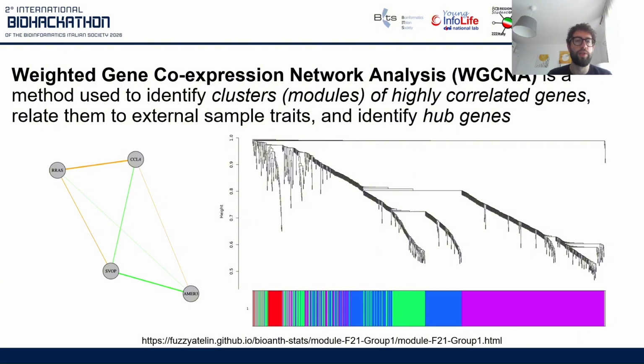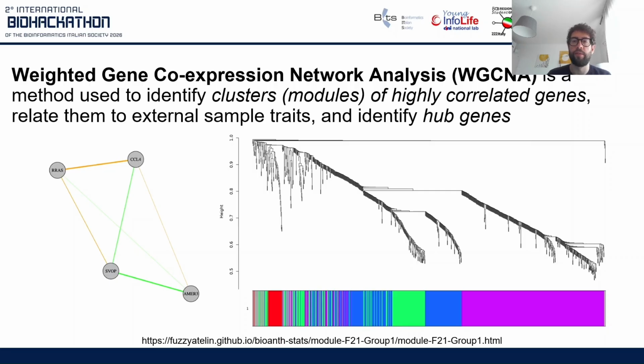So the method of choice for this kind of analysis that takes correlation as the basis is WGCNA, which is weighted gene co-expression network analysis. You will see here at the bottom a link if you want to follow through the vignette. It's a method that identifies clusters, that are groups of genes that are highly correlated to each other.